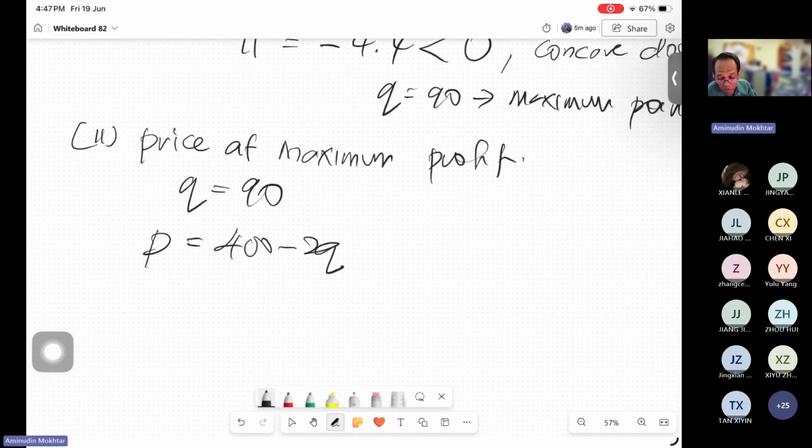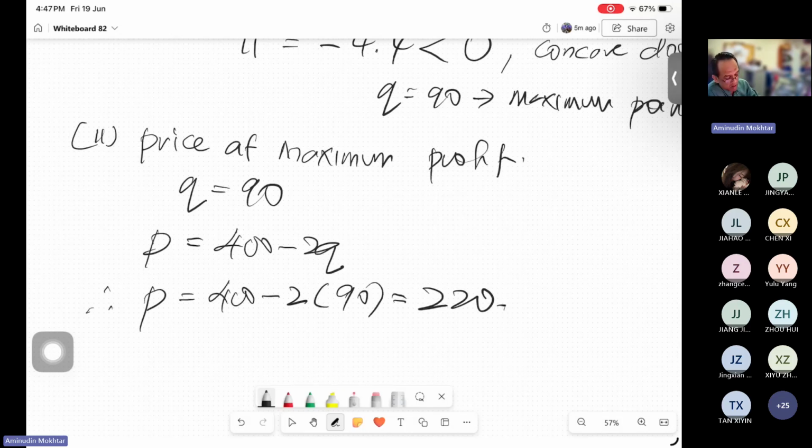So therefore, the price at the maximum quantity, maximum profit, is 400 minus 2 times 90. So the answer is 220. At the maximum profit, the price is 220.